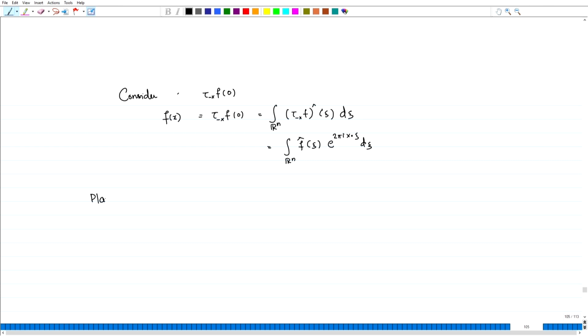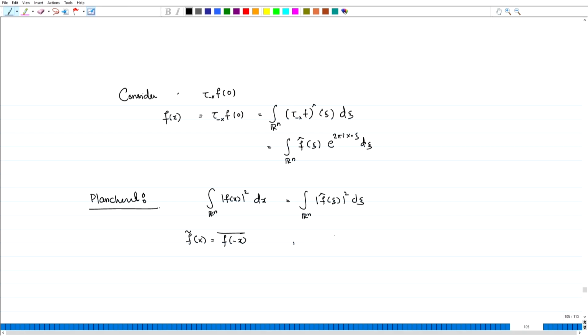Then the Plancherel. The statement is that the integral of mod of f of x square dx is equal to the integral over Rn of mod of f hat of xi square d xi. And the proof works exactly as we can guess. Define f tilde of x as f of minus x bar.